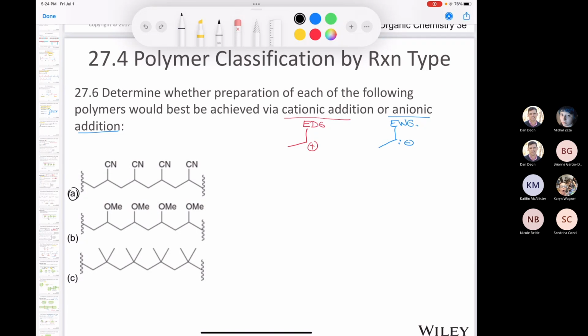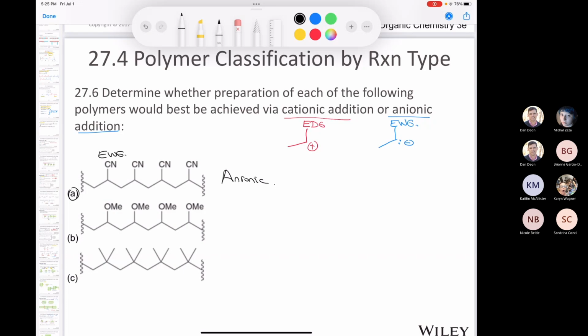Would you want to make A via cationic addition or anionic addition? Anionic. Absolutely. Yep, anionic, because a nitrile is strongly electron withdrawing. Couldn't agree more. I'll even scribble up here EWG.